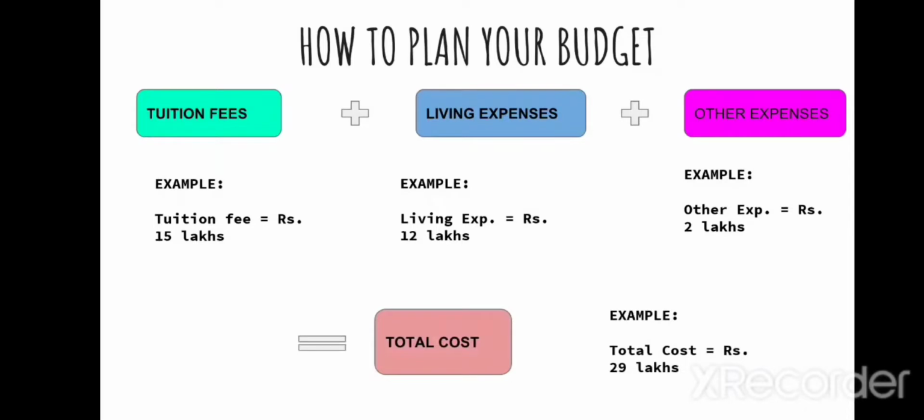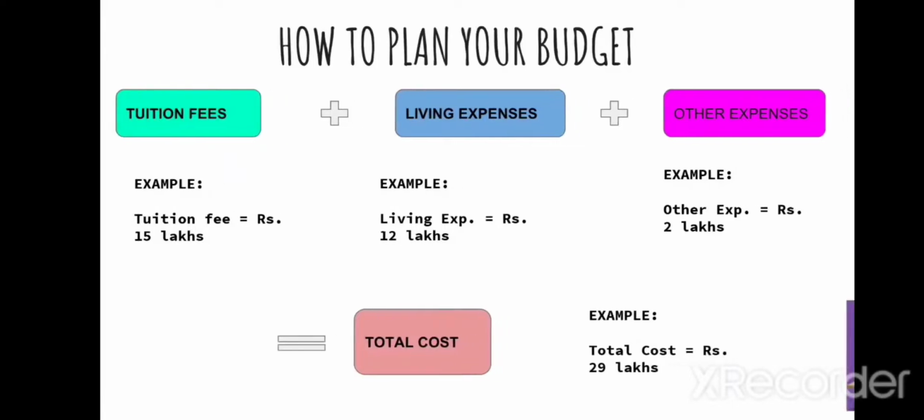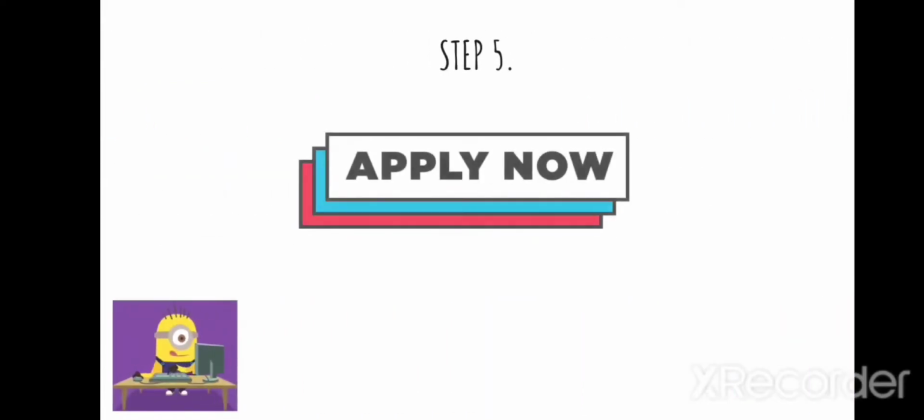So see that you arrange your finances first, and see how you will be financing your course for that particular country. Once that is done, it would be very easy for you to apply for your course in whichever university or country you want to go to.